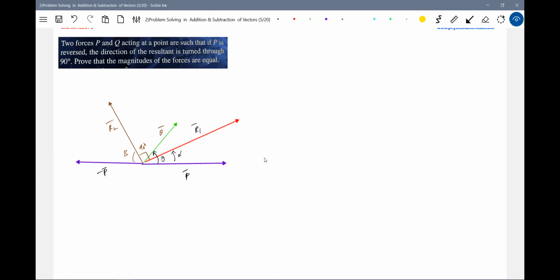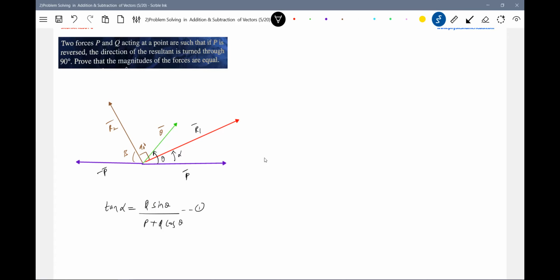What is the best formula we can take help of? I think it is better to take help of the angle made by the resultant, tan alpha. This one, tan alpha, we can write as Q sine theta over P plus Q cos theta. That's one equation we have.